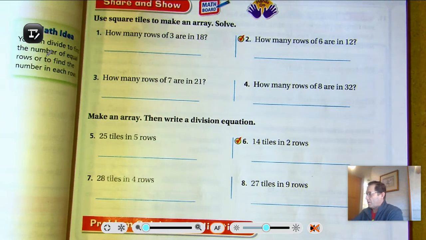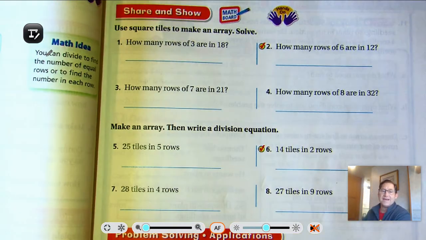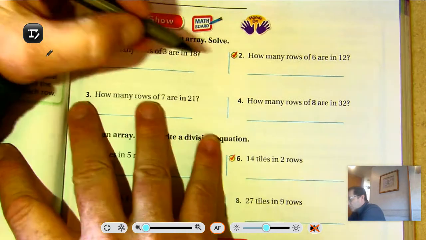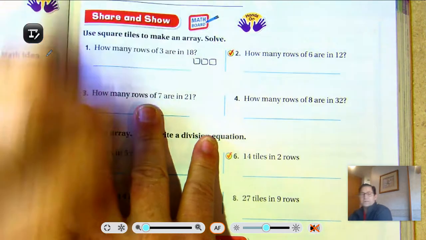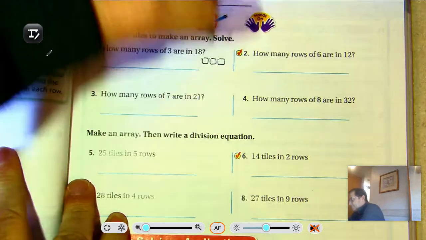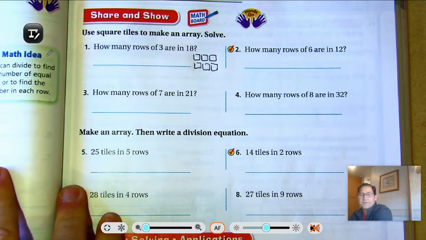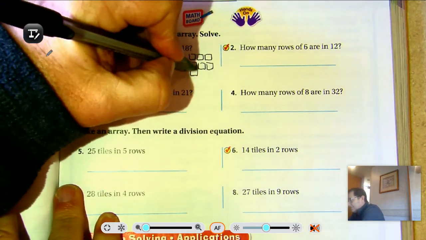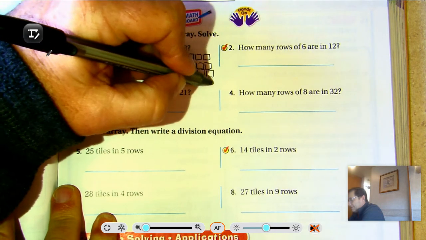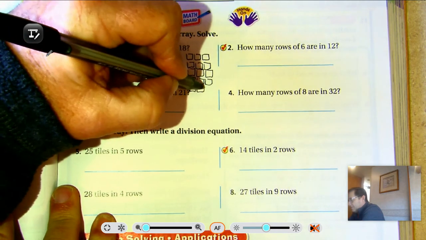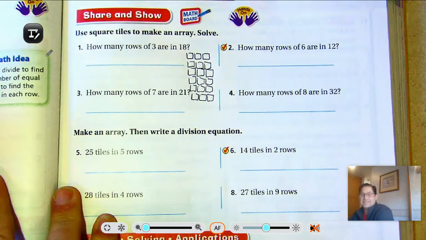Number 1, use square tiles to make an array. How many rows of 3 are in 18? How many rows of 3? All right, so there's 1 row of 3. 2 rows of 3 is 6, 9, 12, 15, 18.